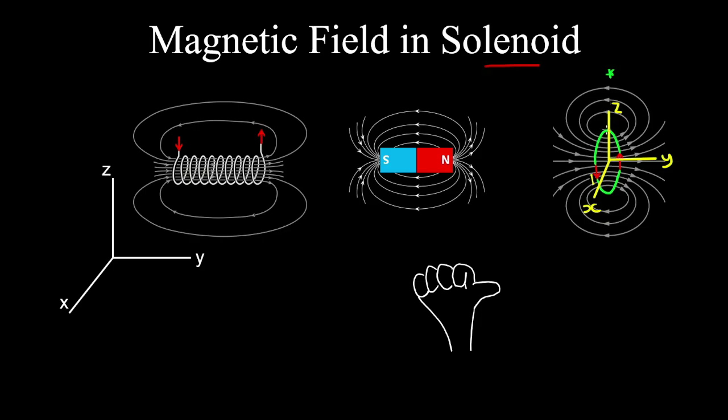So this loop of wire is parallel to the xz plane. So if the current is going anti-clockwise, by the right hand rule, we see the magnetic field pointing to the right.